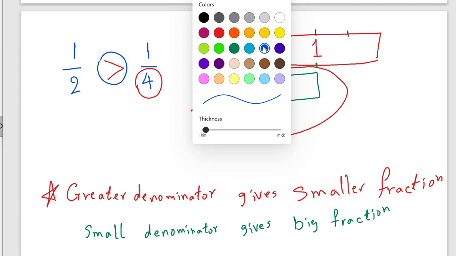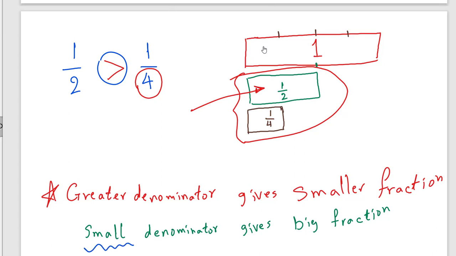When we use a greater denominator or bigger denominator, we get a smaller fraction. When we use a small denominator, we get a big fraction. So that's why 1/2 is bigger, because this is the smaller denominator.